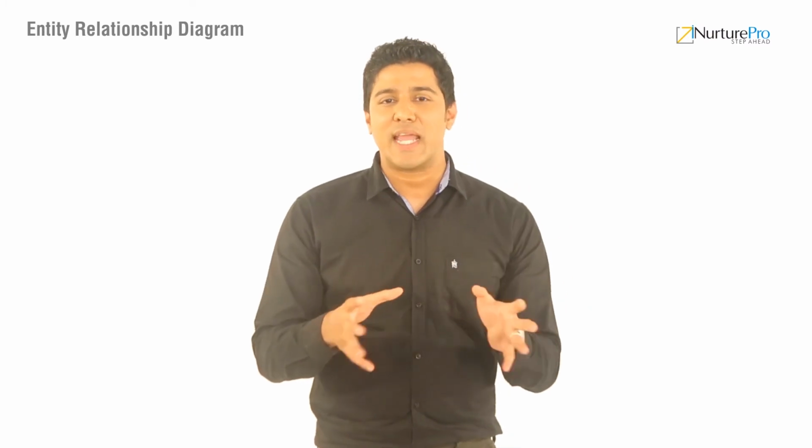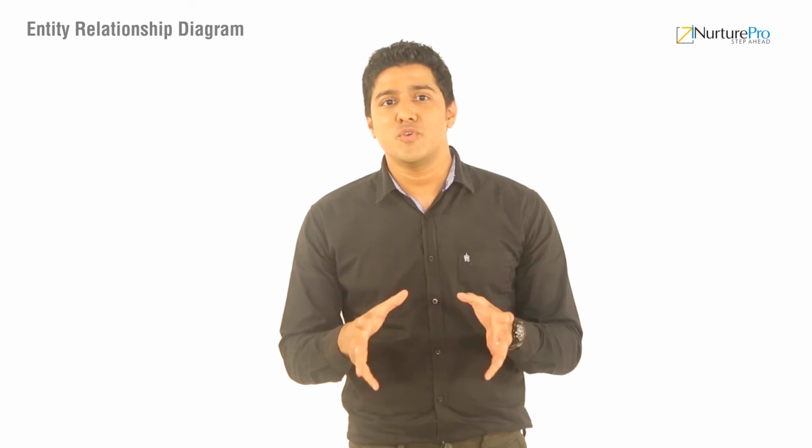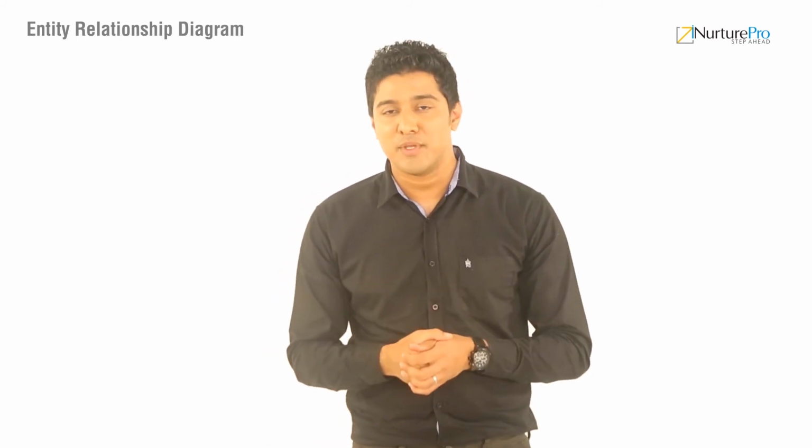Let us do a quick recap of this video. An entity relationship diagram is used to visually represent a database. There are three main components in an entity relationship diagram: entity, attribute, and relationship. Entity is any identifiable object to store data represented by rectangle, and weak entity represented by double rectangle.